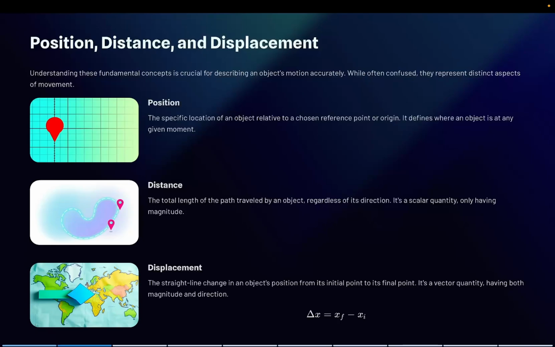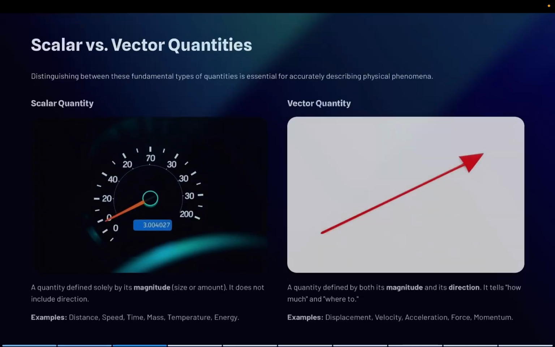But if I want the displacement, I just need to measure from my home directly to my friend's house. I don't need to measure every detail of the journey. That's the difference between them. Displacement is the shortest path to your destination or your final point, but distance is the whole length, the total length of the path that you traveled.